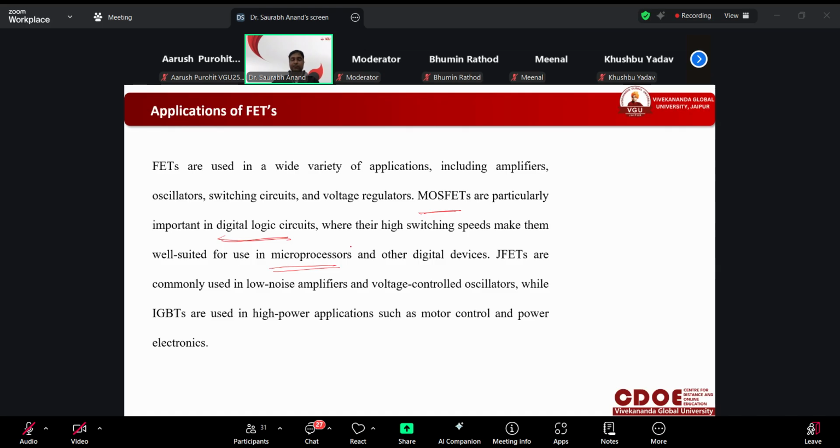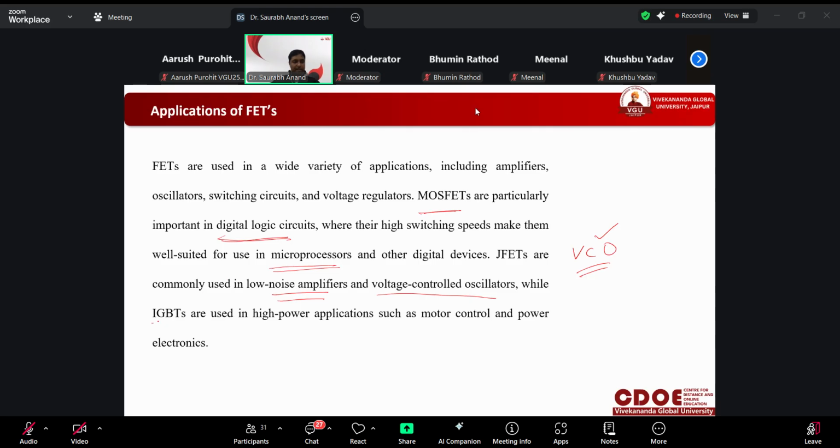That is very much suited with them. And low noise amplifiers, voltage control oscillator VCO. It is known as VCO. VCO is actually oscillators. Oscillators are the devices which are used to generate the signal. So voltage control oscillators are also using JFET.